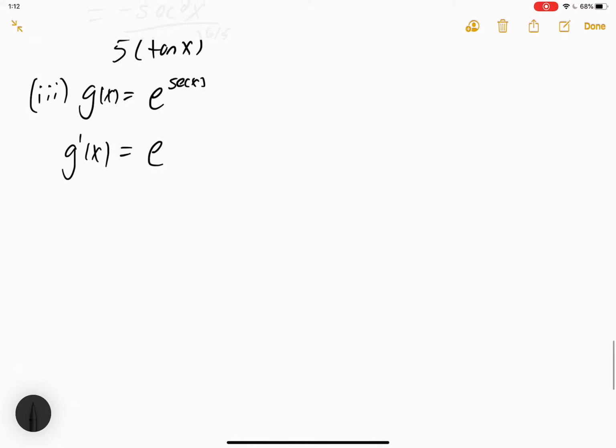Then we evaluate it at secant of x, and times the derivative of secant x. That's just going to be e to the secant of x times secant x tangent x. And that's the answer for that one.